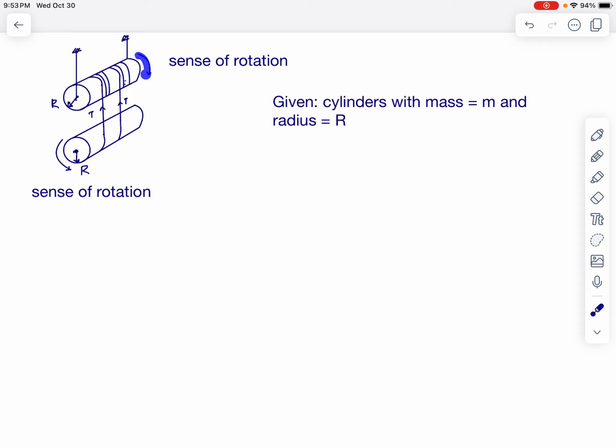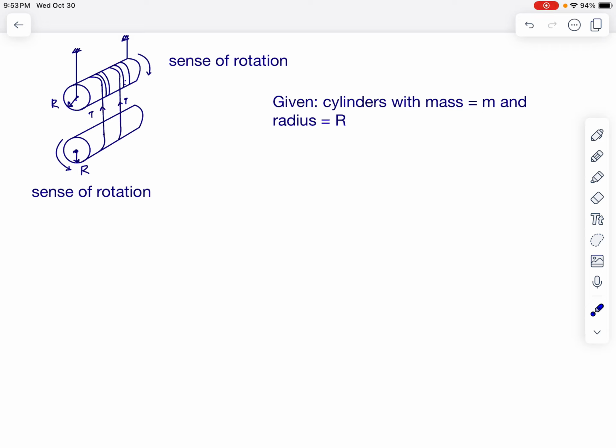The top cylinder moves this way, and the bottom cylinder rotates in the opposite direction, right? And while the cylinders are rotating, the string on the top cylinder unwinds, and therefore the bottom cylinder descends towards the floor. Both cylinders have mass equal to m and radius equal to r.